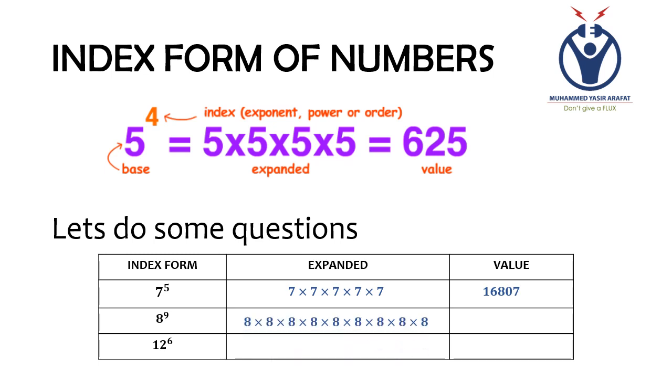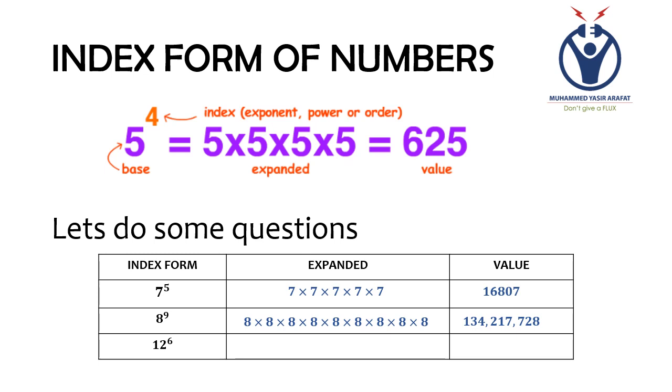If you are solving 8 power 9, the expanded form is 8 multiplied by itself 9 times. After multiplying all of these values, you will get 134,217,728.